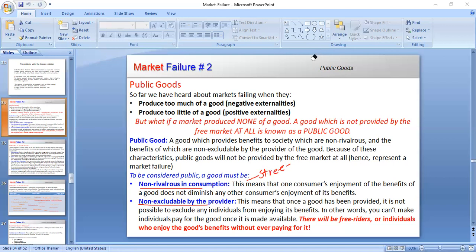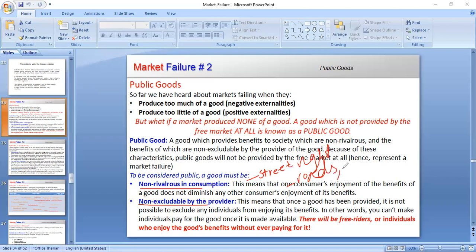Then a public good is also non-excludable in nature. Non-excludable means that you cannot prevent anyone from using a public good. For example, another example of a public good is public roads, right? Street lights, public roads, walkways, those are public goods.